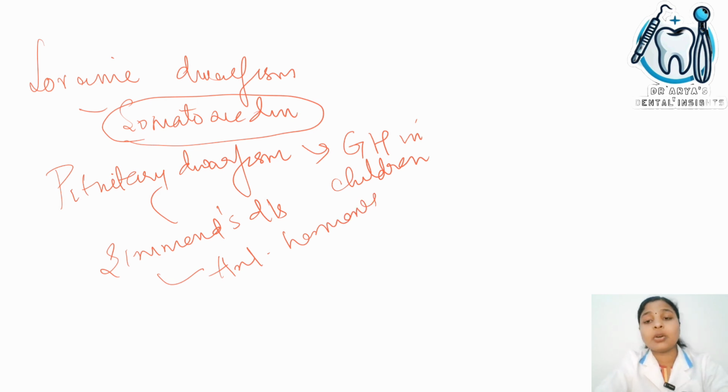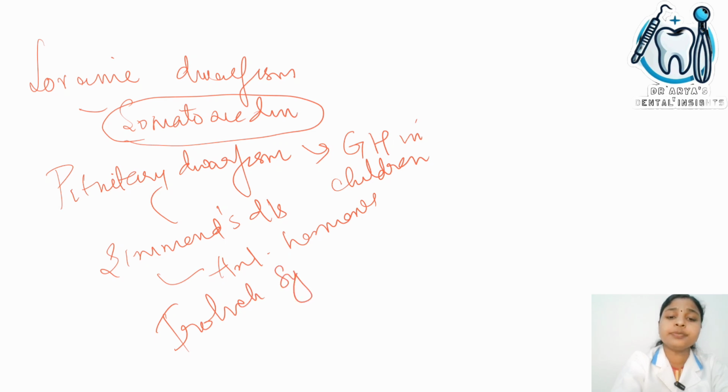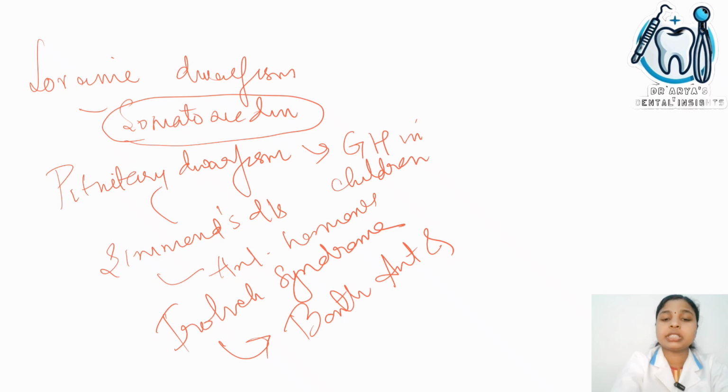And here, the loss of hair, loss of teeth, and early senile appearance are the features. And coming to Froelich syndrome, it is due to hyposecretion of both anterior and posterior pituitary hormones.